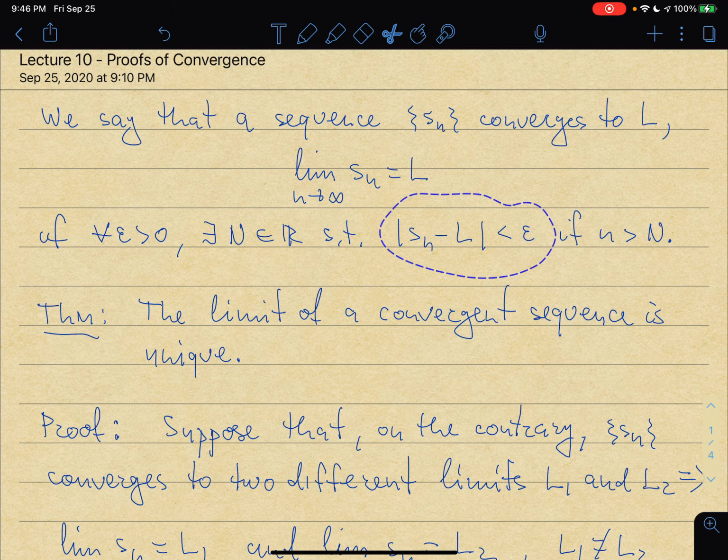But if I find a capital N, which is maybe not efficient, but larger than this threshold, if n is bigger than this larger value, it's still bigger than the threshold, so this inequality still holds. The point being is I don't need to find an optimal capital N, but I find any capital N which is larger than an optimal one, and demonstrate that if n is bigger than capital N, then the inequality holds, and we're happy.